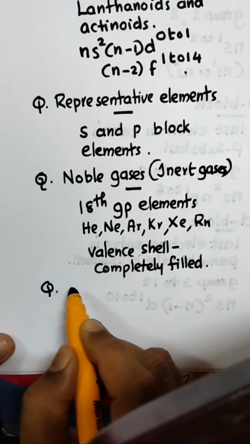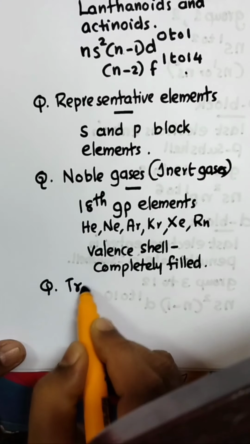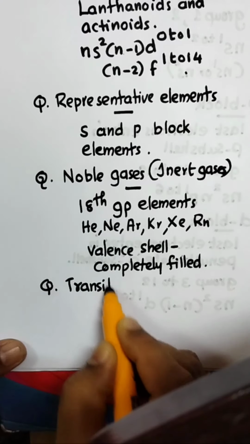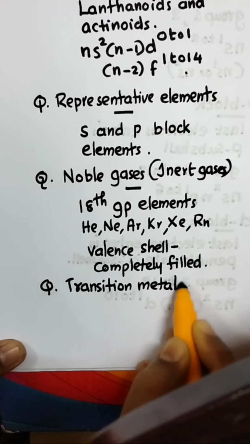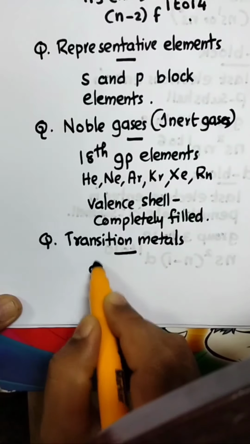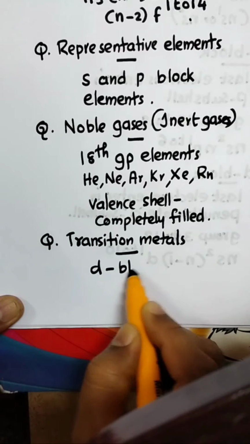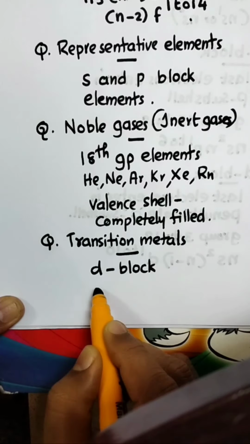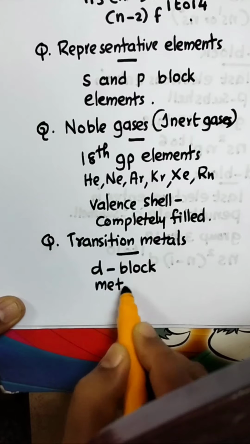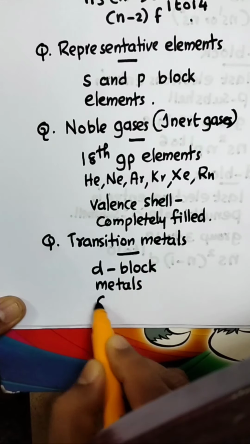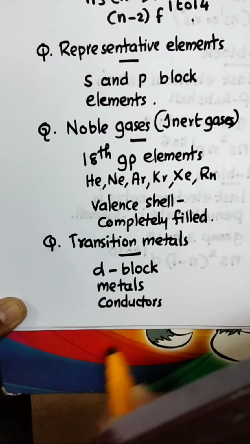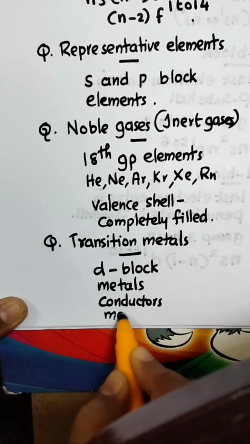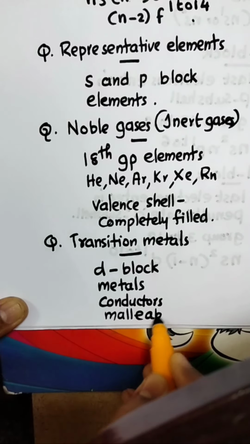Next question: transition metals or transition elements. D block elements are otherwise called transition elements. They are metals. They are good conductors of heat and electricity. They are malleable and ductile.